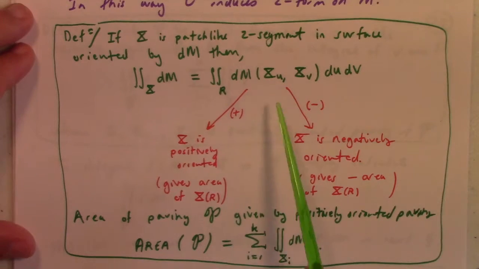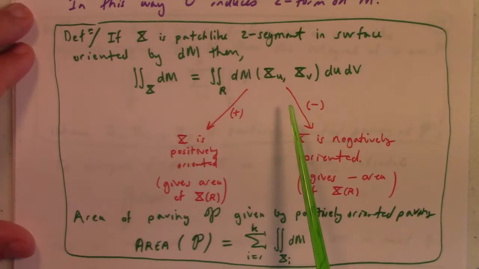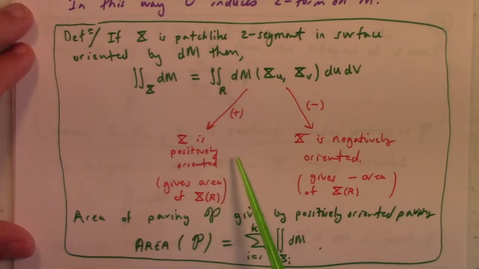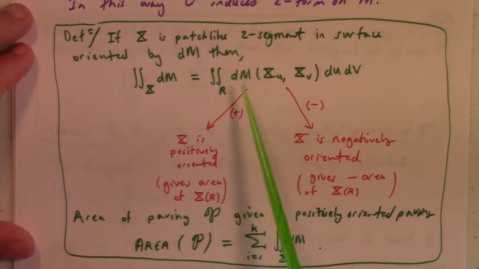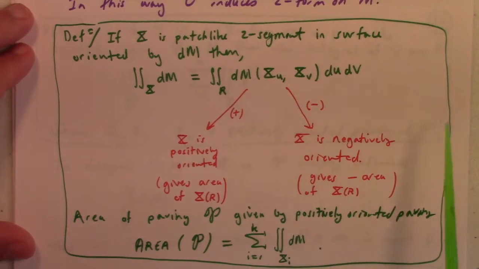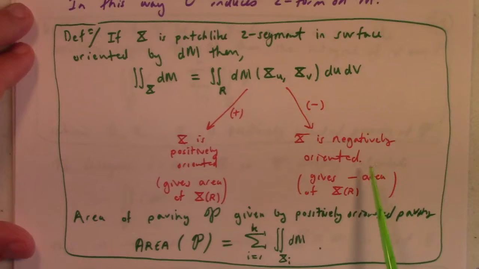Now, this could either be positive or negative, all right? It's going to be positive if x is positively oriented, and if it's positively oriented, this integral actually represents the area. You could work it out. It would work out to that square root of EG minus F squared we saw before. On the other hand, if this quantity is negative, it's going to give you minus the area, all right?